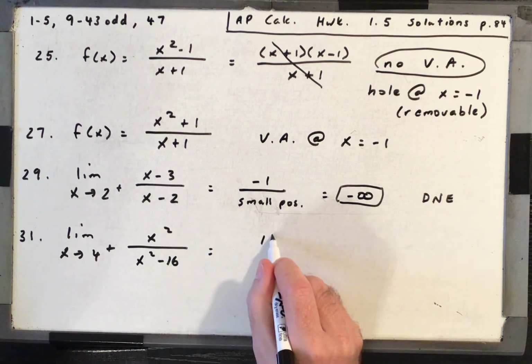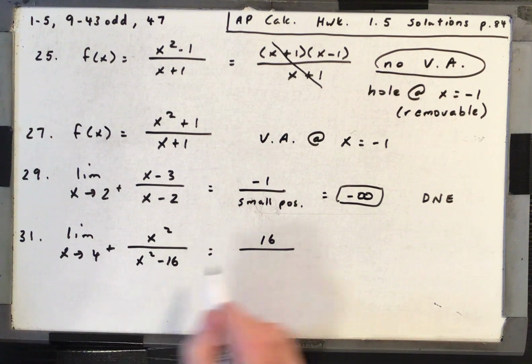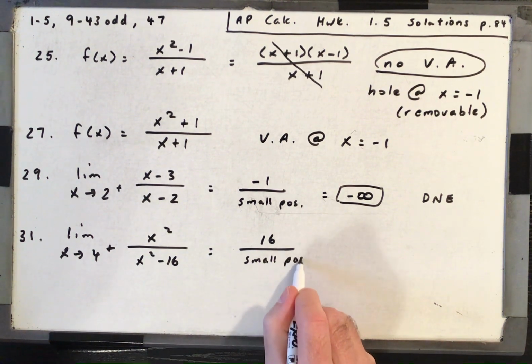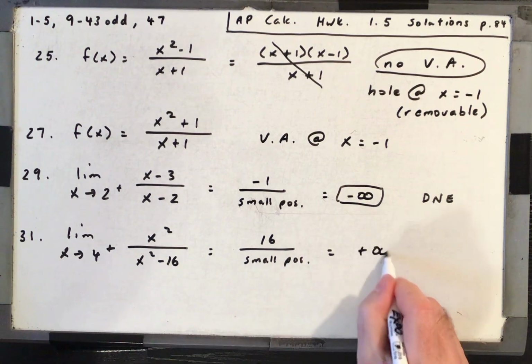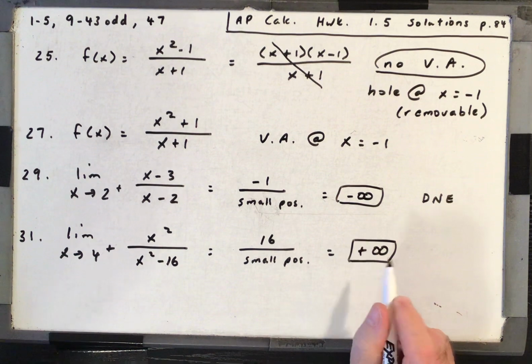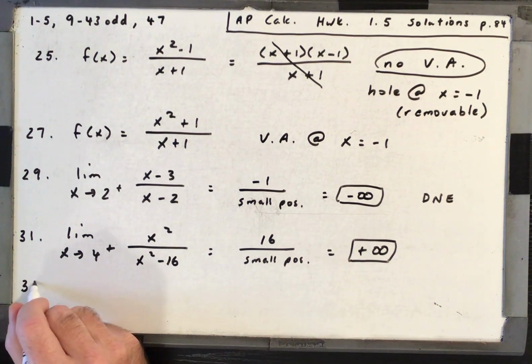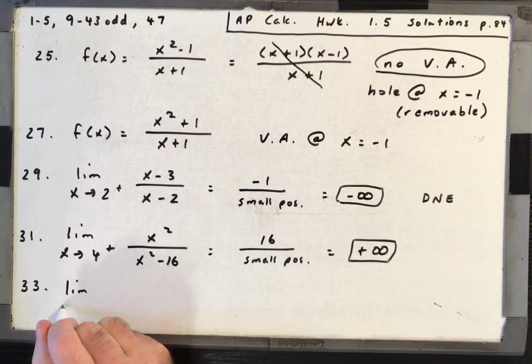So the top would be 16. A little greater than 4 squared would be a small what? Small positive. So that's going to be positive infinity. Brilliant.